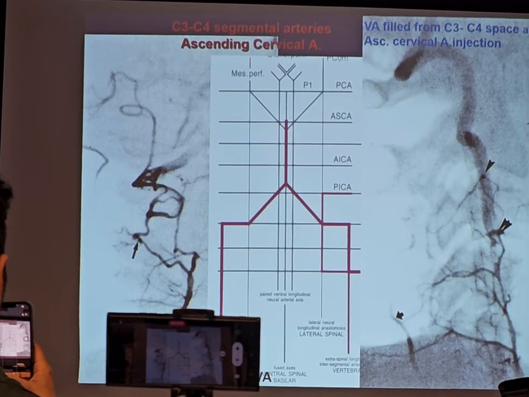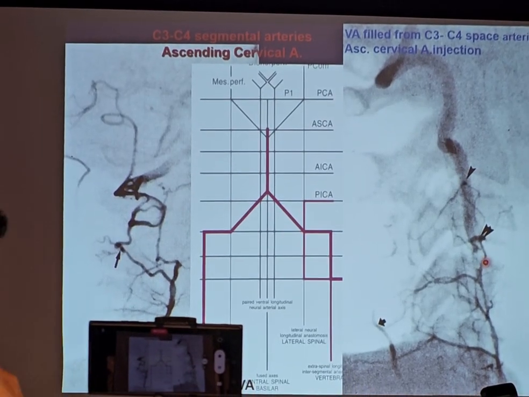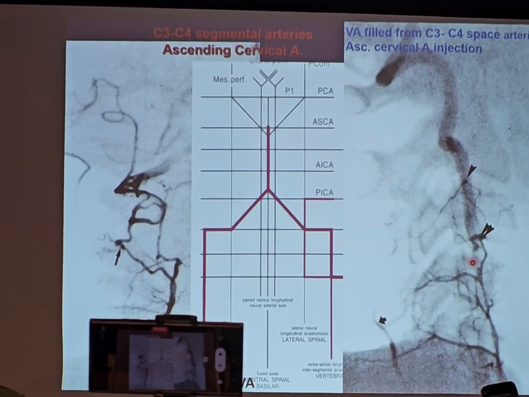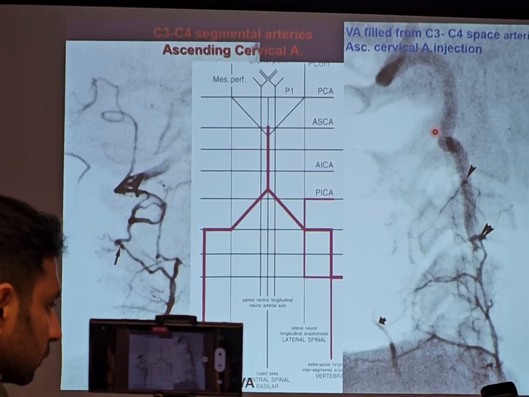Same as this. If you see that, how come you see the vertebral artery from the C3, C4 segment there and not lower down, and you see this artery? So it's the same explanation, that you have the more dominant flow into the C3, C2 segment and fill up the system over there.